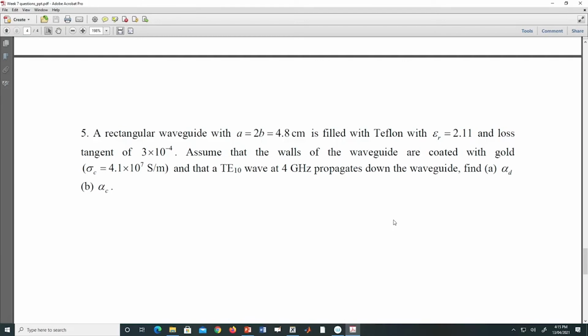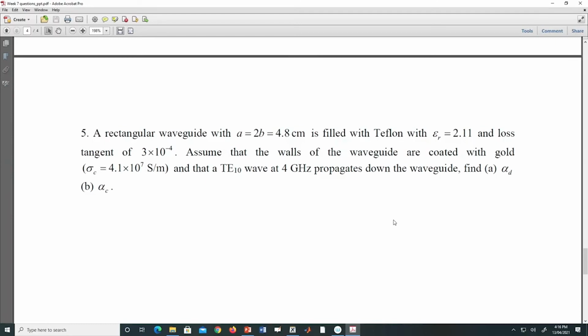It is a lossy material that has permittivity 2.1 and loss tangent 3 into 10 to the power minus 4. Assume that the walls of the waveguide are coated with gold.